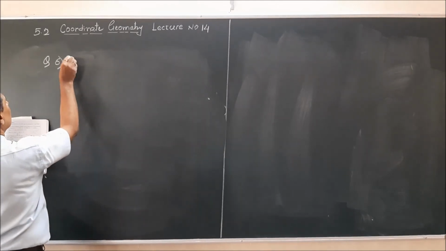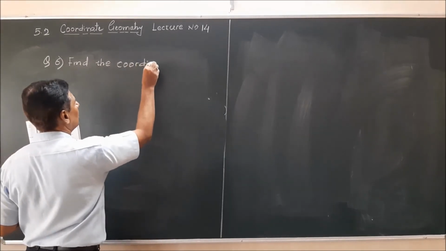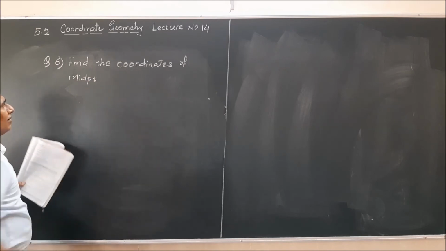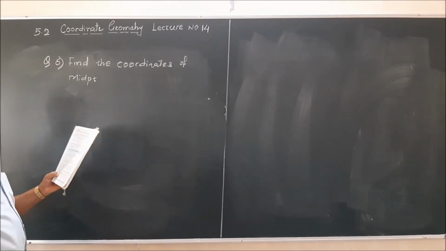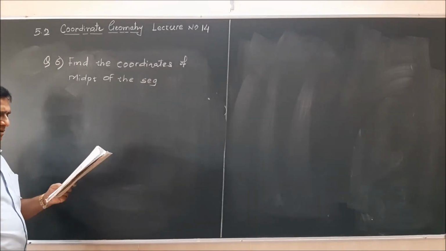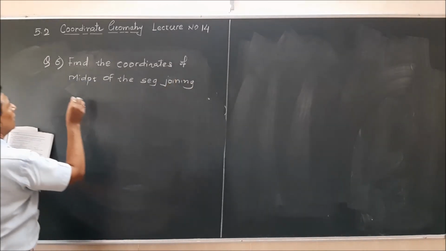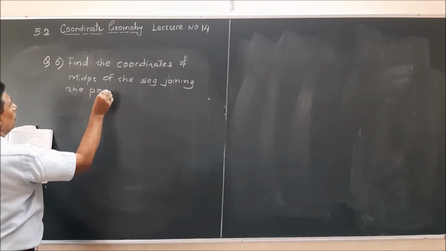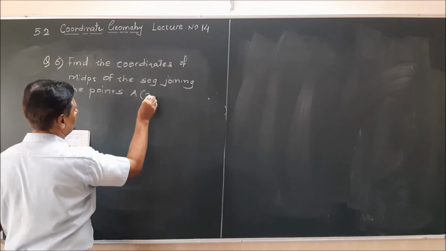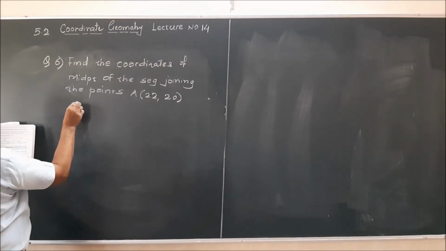Find the coordinates of the midpoint of the segment joining the points A(22, 20) and B(0, 16).